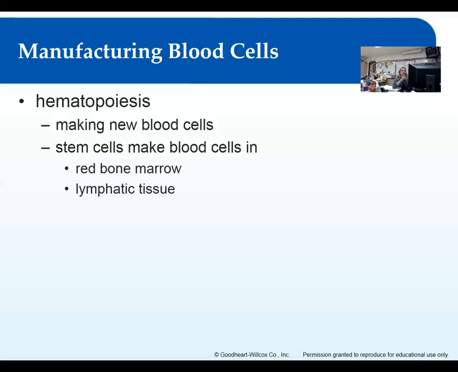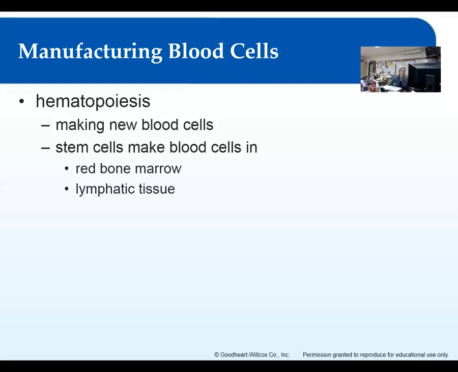Now, the red bone marrow is where we find this. You'll see some red bone marrow in the ends of your long bones, but also you see a lot of red bone marrow in your flat bones: vertebrae, ribs, hips, sternum, and skull.